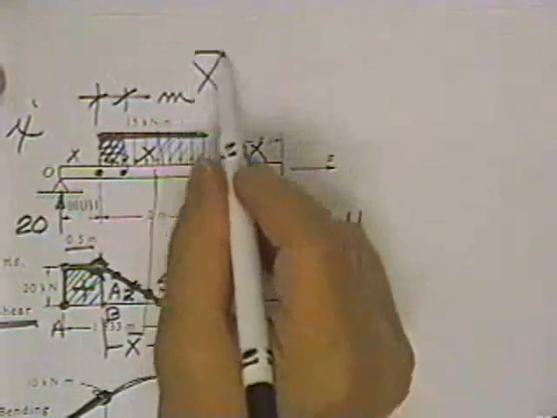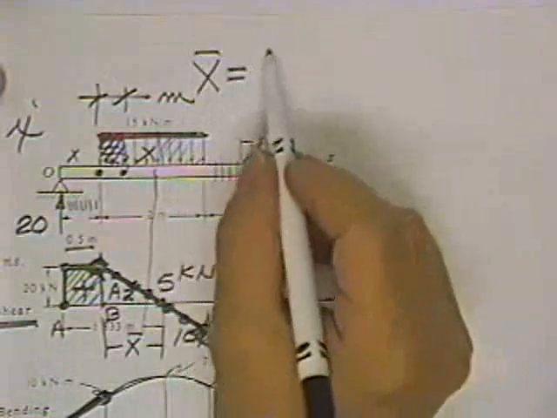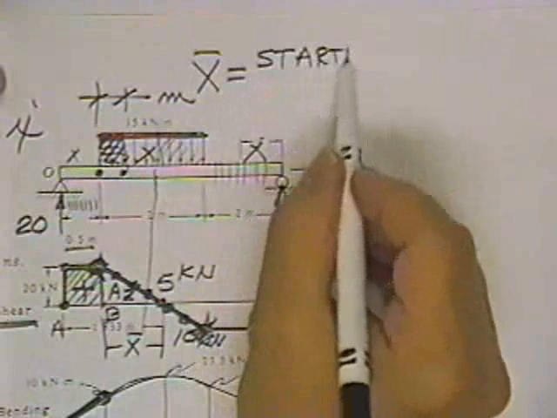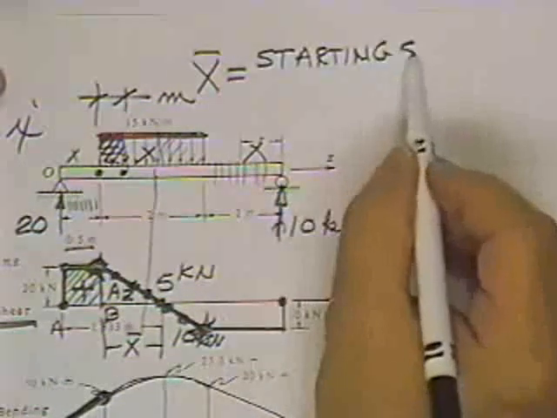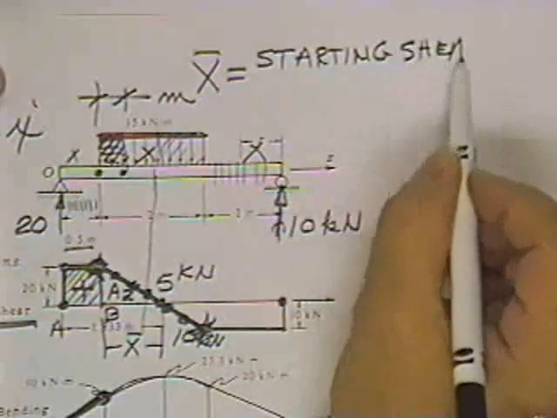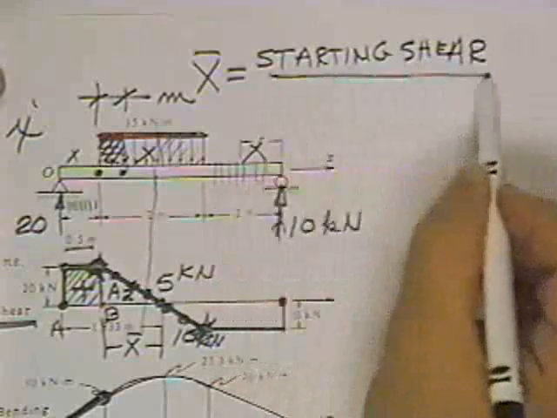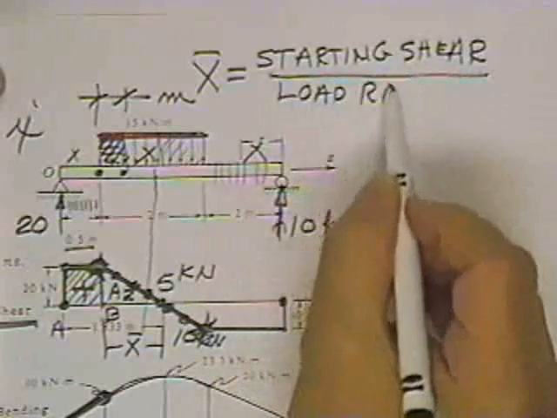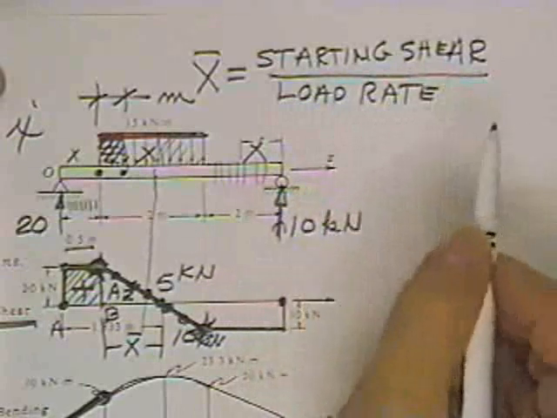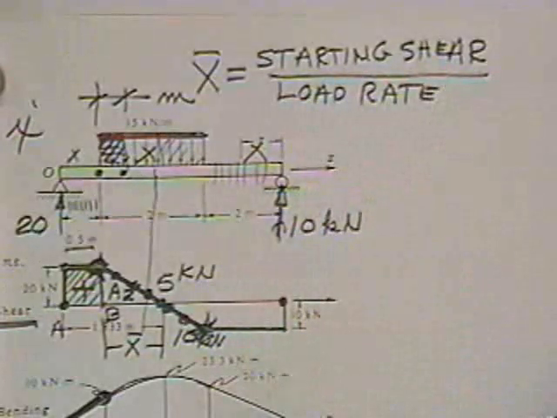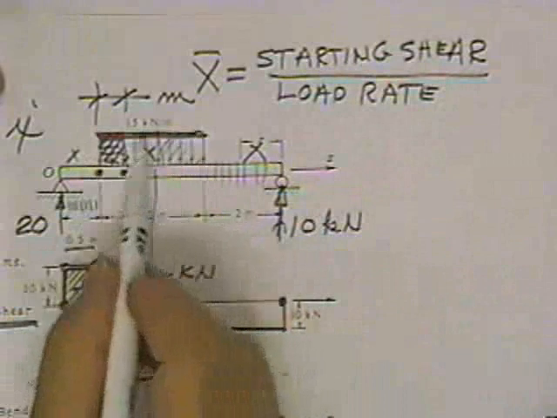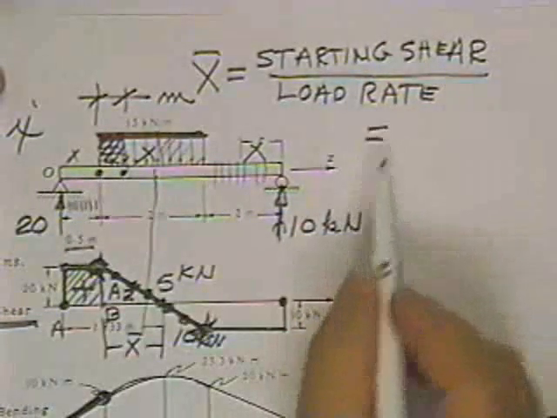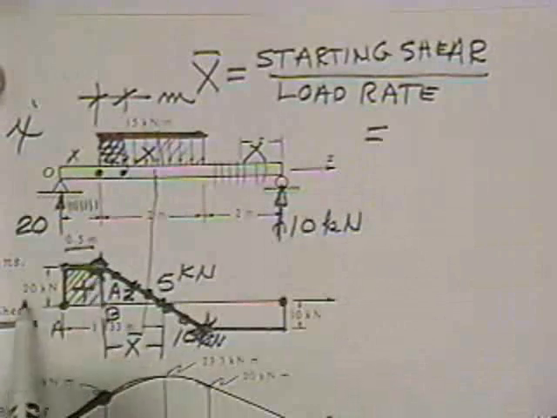The mathematician says from the calculus, X bar is take how high the shear is and divide it by the load rate. That load rate will have to be a constant or you wouldn't be able to divide by it. It wouldn't make any sense. But our load is constant. So to find X bar, I go and find the starting shear.